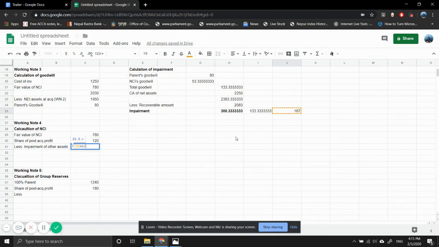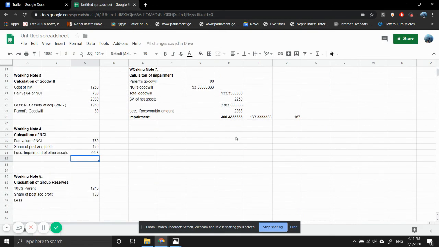B5 I guess, and then impairment of goodwill. Okay, this whole figure, impairment of goodwill.